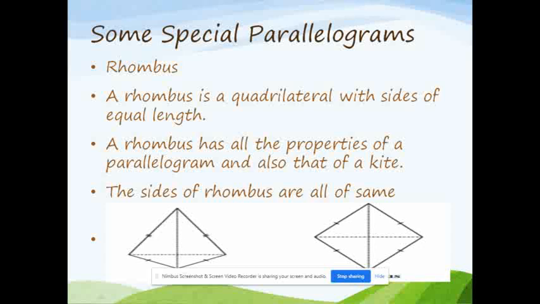So one property of a parallelogram is applicable. When we look at the adjacent angles of this rhombus, they add up to 180 degrees. That is the only rule of a parallelogram applicable here.